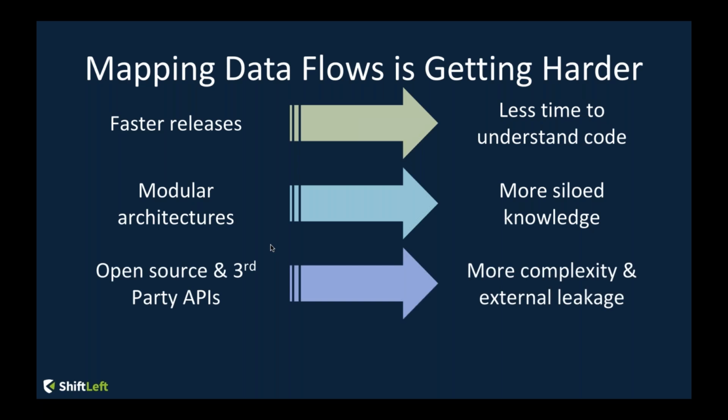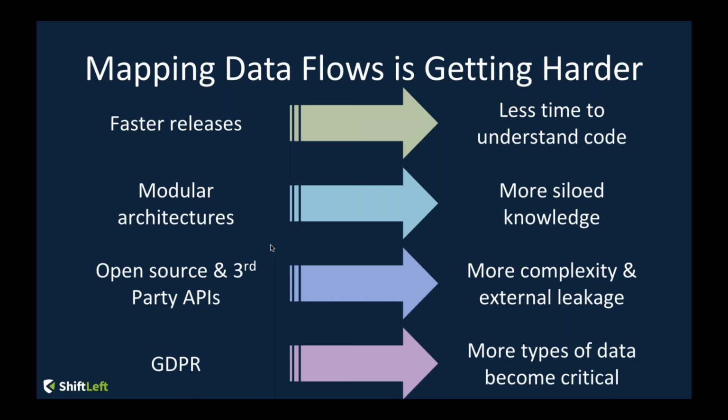This is followed by more common use of third-party libraries and open source software as we rapidly build our applications, which further increases the complexity and limits our ability to understand what is happening to sensitive data through those APIs. And finally, regulations like GDPR are forcing companies to classify more kinds of data as sensitive and to figure out what that data is doing in their infrastructure.